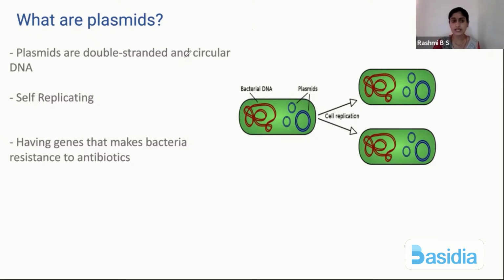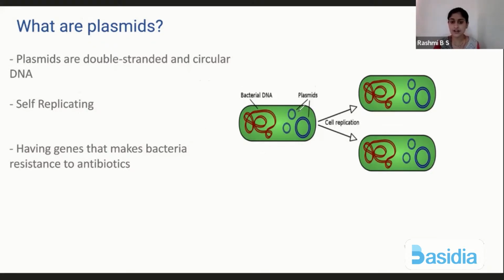If you look inside the bacterial cell here, you can see small double-stranded circular DNA molecules. These are nothing but plasmids. And this is the bacterial DNA, the main DNA. In addition to the main DNA, we have these. Hence plasmids are also called extrachromosomal DNA.